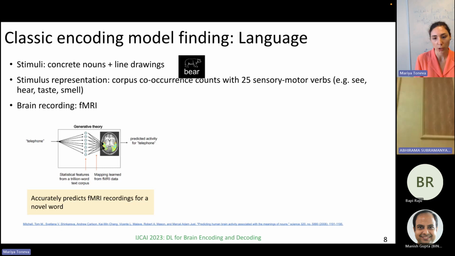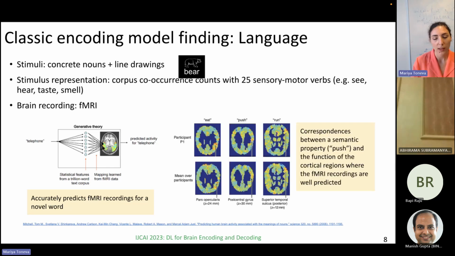for a novel word. So the encoding model allowed you to actually predict the brain activity for, let's say, telephone, even if telephone was never once seen during training. So this is zero-shot prediction of the brain activity while somebody is seeing telephone. And what was even more interesting was that the authors looked at the weightings for the encoding model.